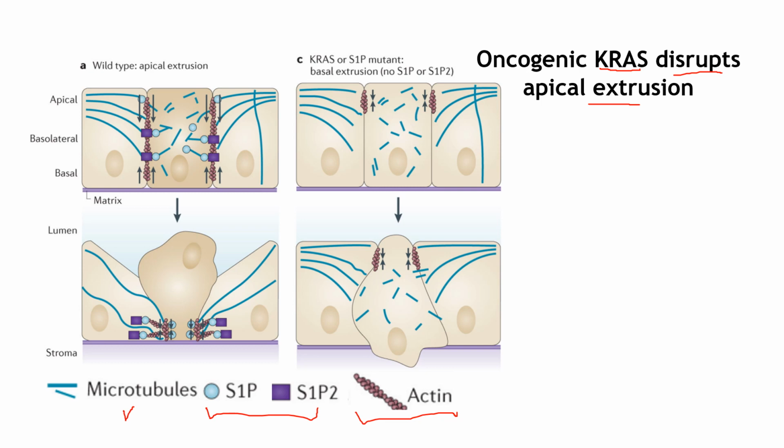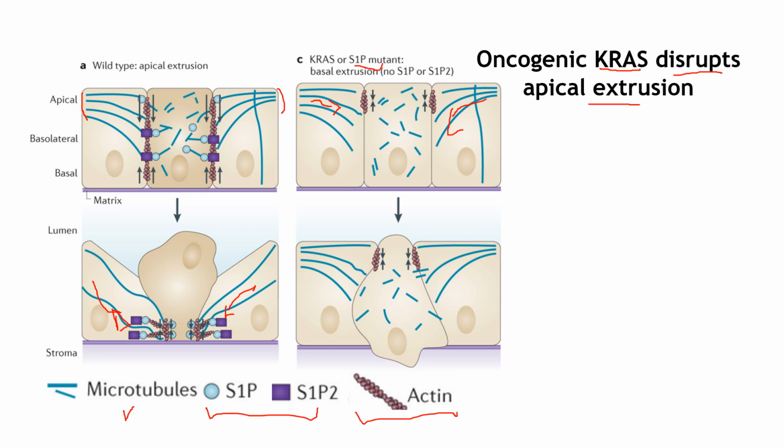Okay, so definitely not the microtubules here. If you remember, there was a reorientation from the neighbors that caused the cells to move the S1P and the S1P receptor. And if you see here in the KRAS mutant, what you observe is that there is a reorientation definitely from the microtubule, so this is fine.